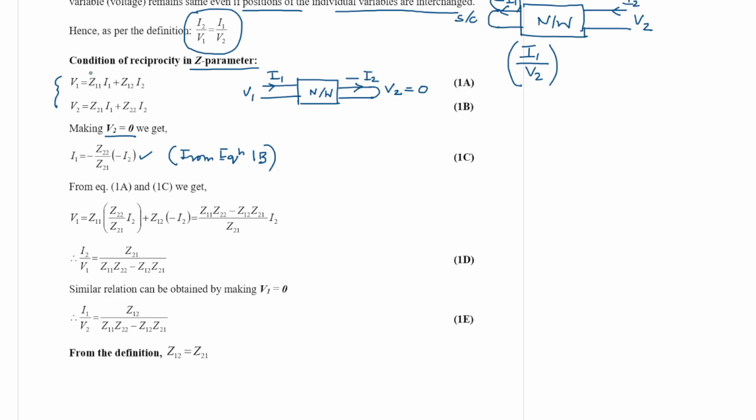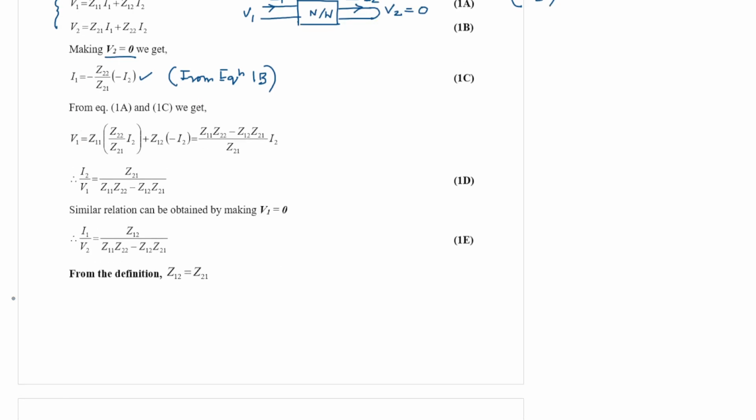So using the first equation, that means equation 1a, if you substitute I1 is equal to this, so let us substitute V1 is equal to Z11 Z22 by Z21 into I2 plus Z12 into minus I2.